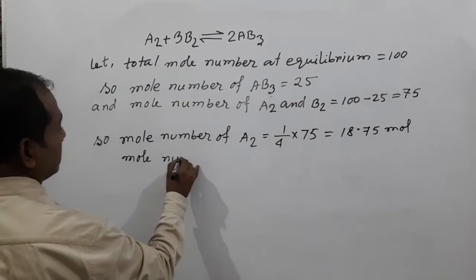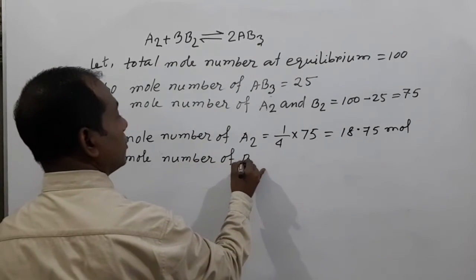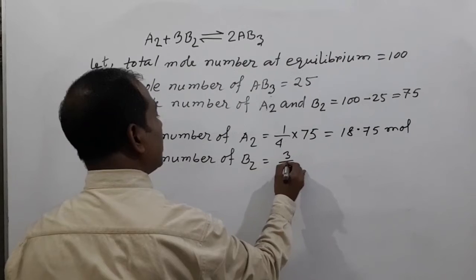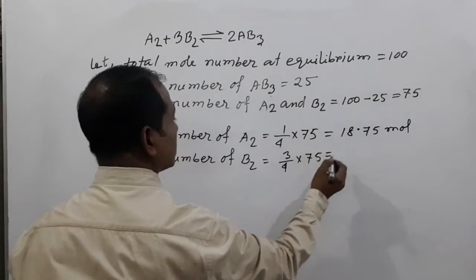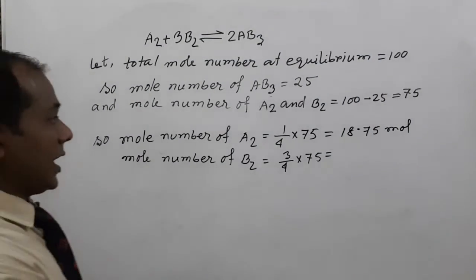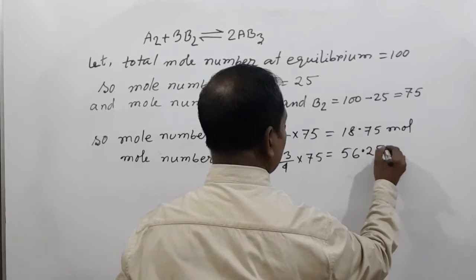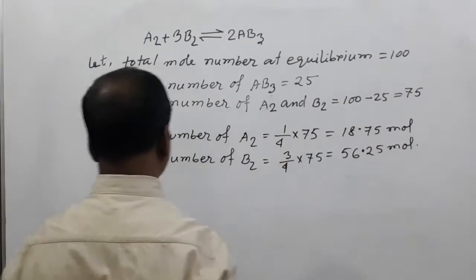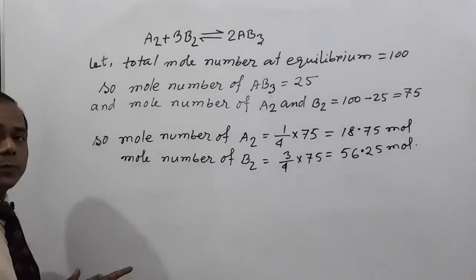Mole number of B2 equal to 3 by 4 into 75, that is 56.25 mole. My dear students, now partial pressure of A2, that means what is partial pressure?